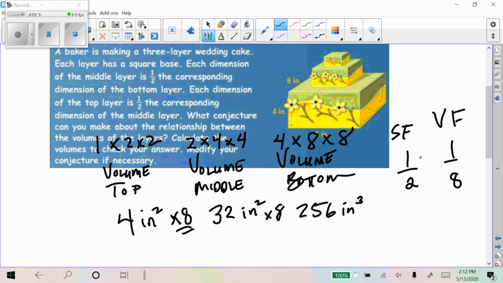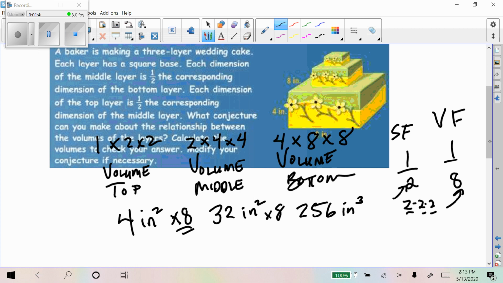One way we can figure that out is for every dimension that we double, we have to multiply, since we're three-dimensional in volume, to get the volume factor. And the surface area factor is just like our area factor that we learned before. Surface area factor will be the scale factor squared.